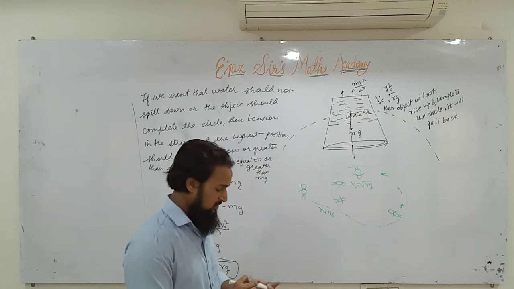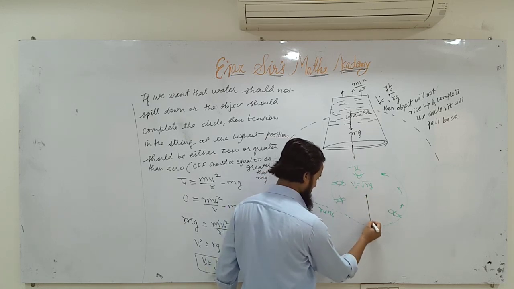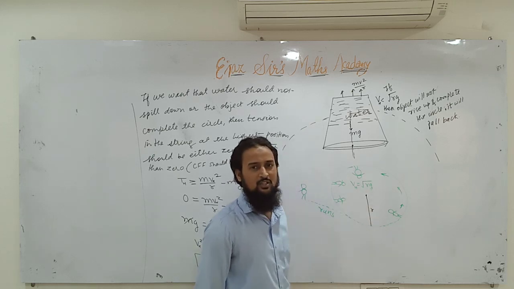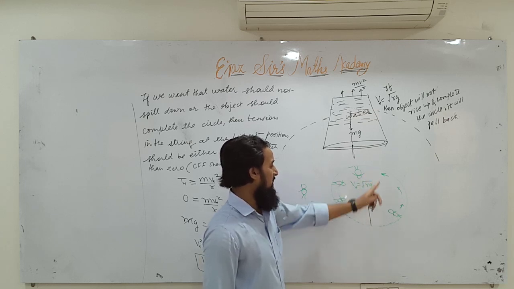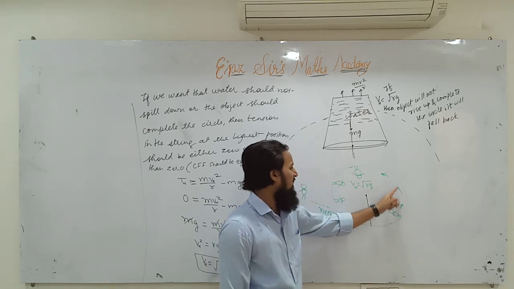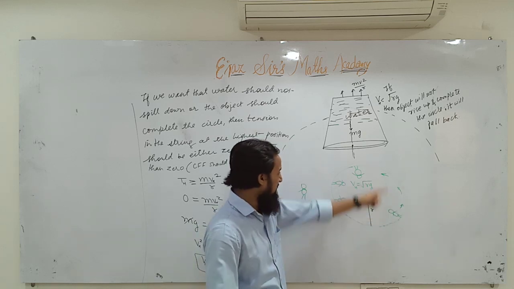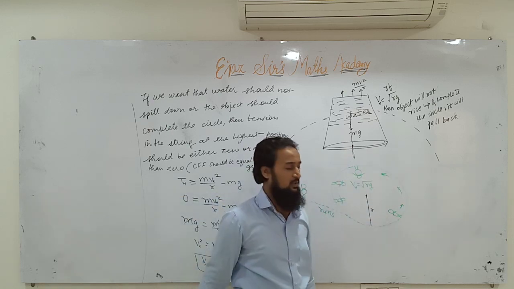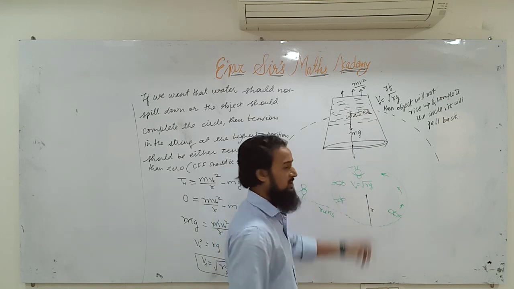He has decided how much velocity he should have at the highest position. He knows that this is the radius, and he knows how much the value of g is. He puts the product of r and g in the square root, finds out the velocity, and he runs very fast, and he is able to walk on the inner side of a pipe. It is a hollow pipe, a big pipe having a large diameter. In that pipe he walks, and he does not fall down even at the highest position.